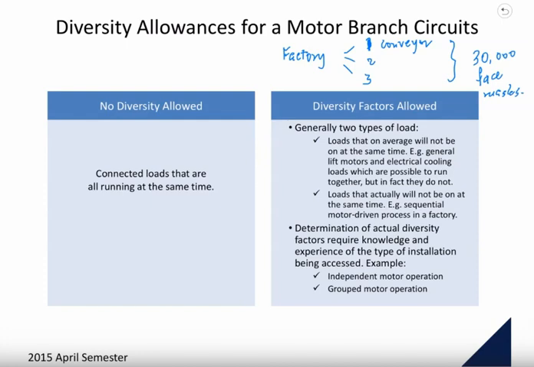Okay. If we run all the 3 conveyors together, right? But this factory, for most of the time, is only able to sell 20,000 face masks. Okay, let's say in a month.